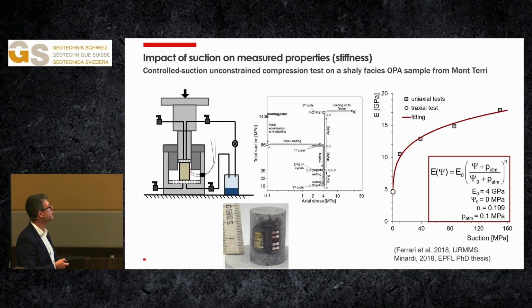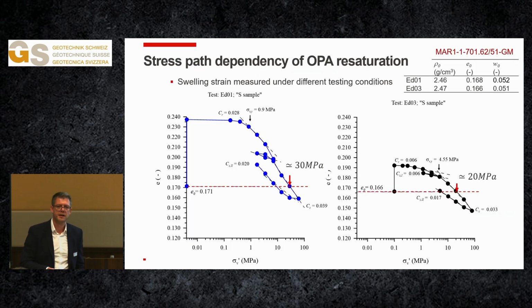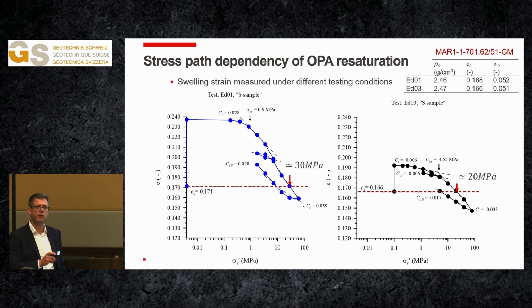So what we do, we usually resaturate the material before we do the test, and now we have learned that the best practice is to resaturate materials, essentially keeping their volume constant as you would do in a constant volume swelling test.